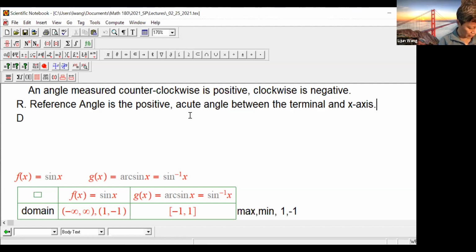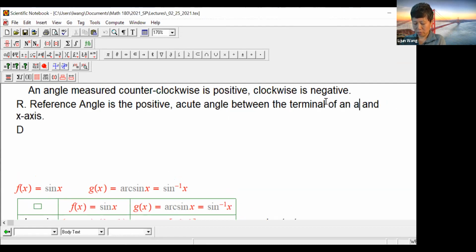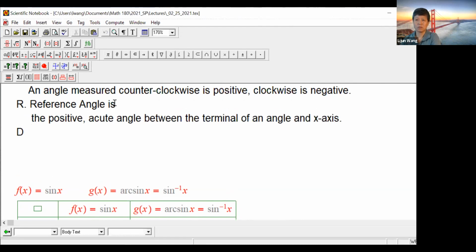A reference angle is the positive acute angle between the terminal of an angle and the x-axis. All these adjectives have to be in that place: positive, acute. What does acute mean?